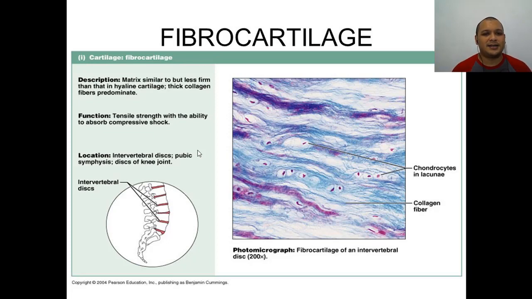The function is to support, and one unique thing is that it is able to absorb shock, so we can find it in our backbone. One example is the intervertebral disc.